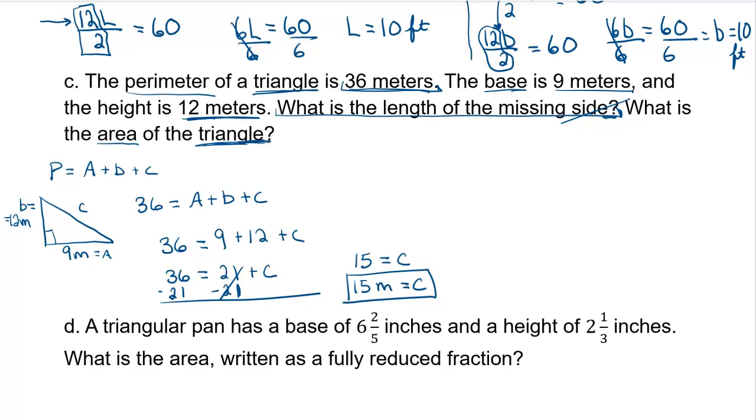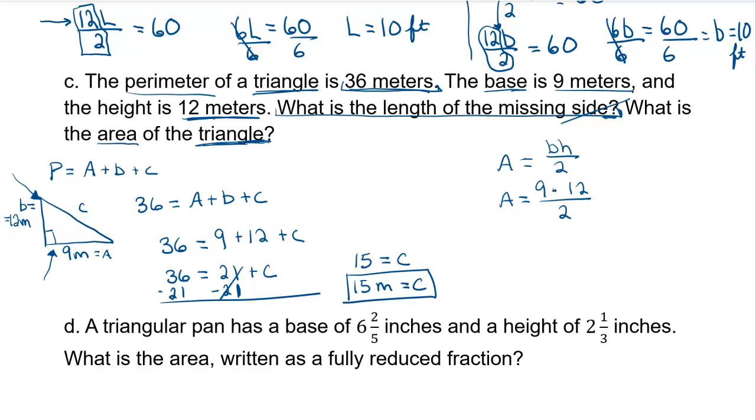Now, what's the second? What is the area of the triangle? Well, it says what is the area, so that's what we're trying to find. So that's our variable. And then I'll do base times height divided by 2. So we have area equals, I'll call 9 meters my base, times height, my 12 meters, divided by 2.